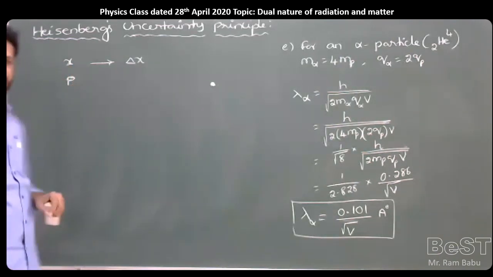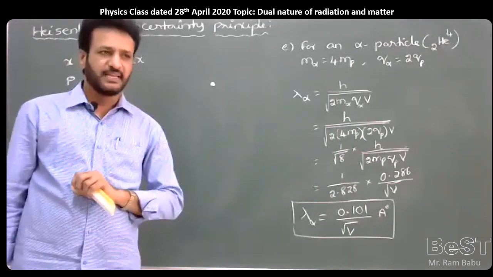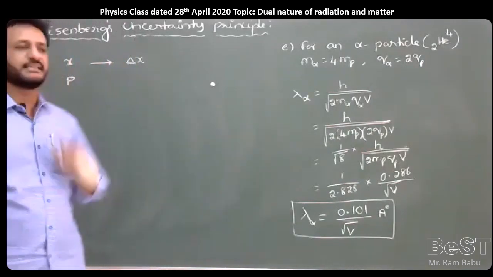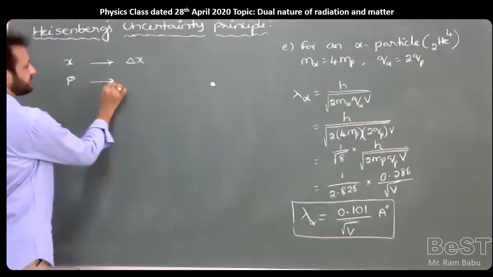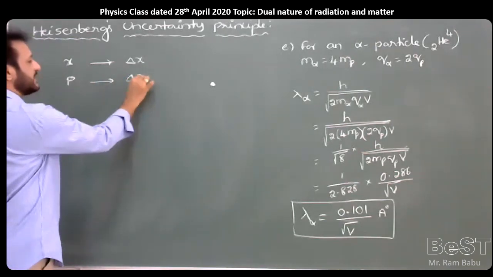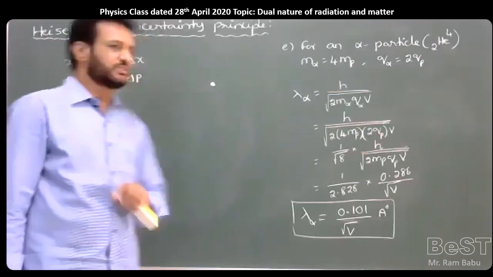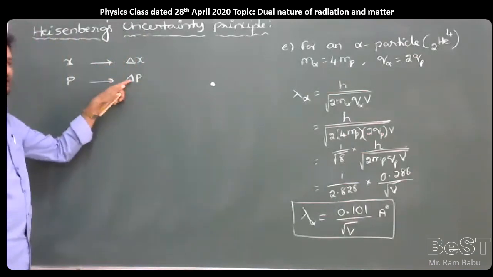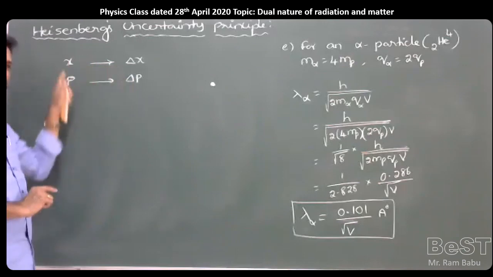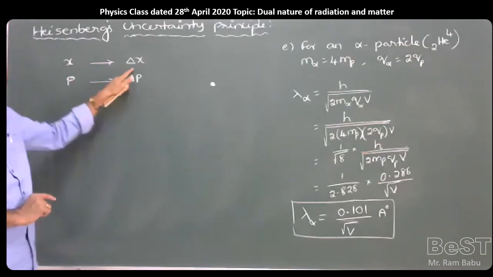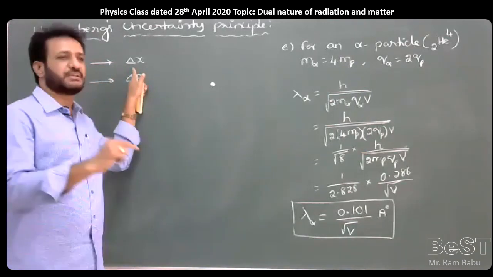If the momentum is p and the error or uncertainty in the momentum is delta p, here also delta p is the true momentum minus the measured momentum. So delta p is the uncertainty in the momentum of the particle, and delta x is the uncertainty in the position of the particle.